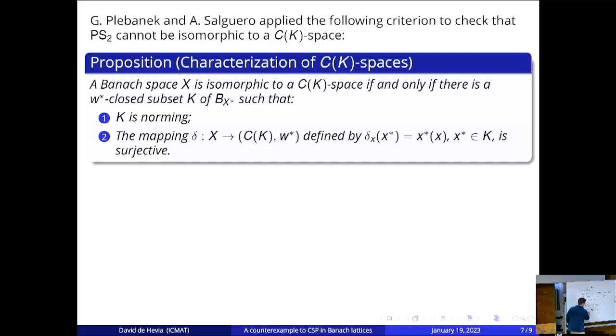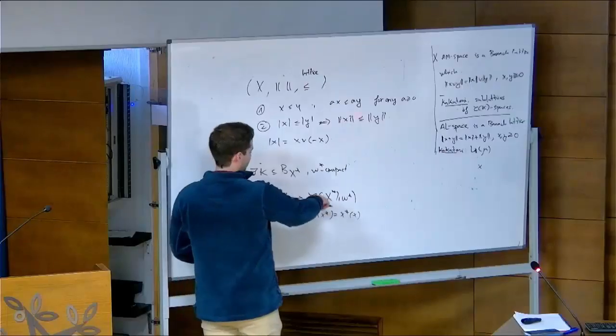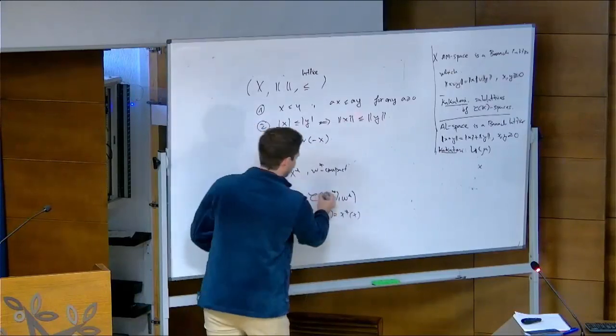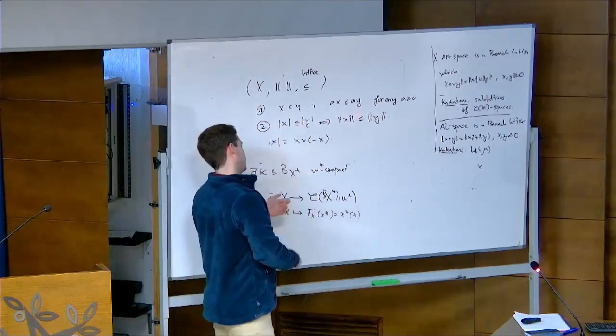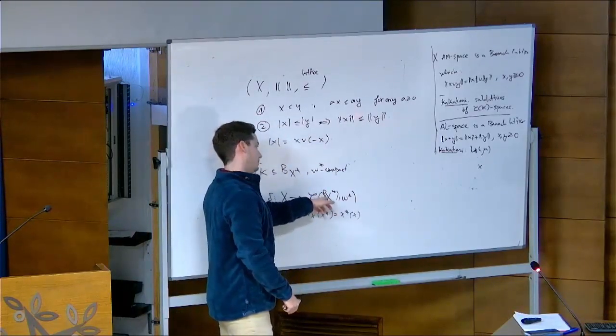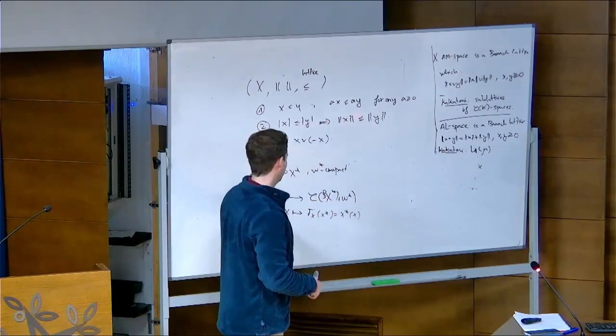First, we can always consider this map, the evaluation, the canonical inclusion of X into its bidual. We can see this as an inclusion of X into the space of continuous functions on the unit ball of the dual with the weak star topology.